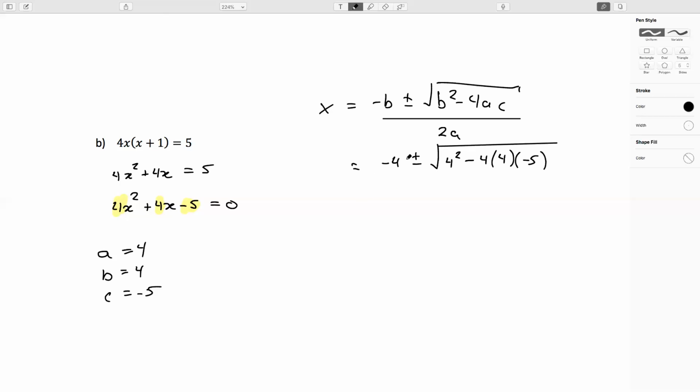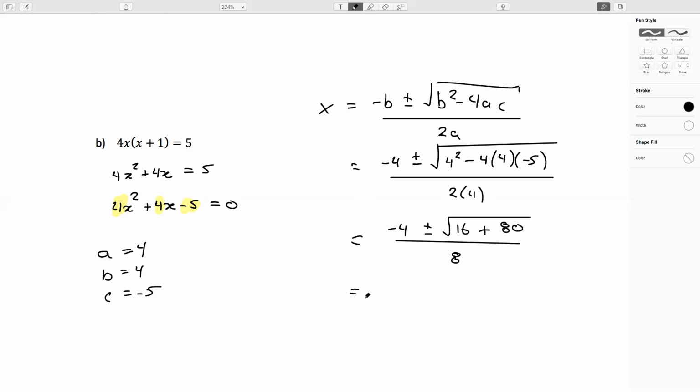All right, and this is all over 2a, which is 2 times 4. So this simplifies to minus 4 plus or minus the square root of 16 plus 80. It's plus because it's minus times minus, over 8. This equals minus 4 plus or minus the square root of 96 over 8.